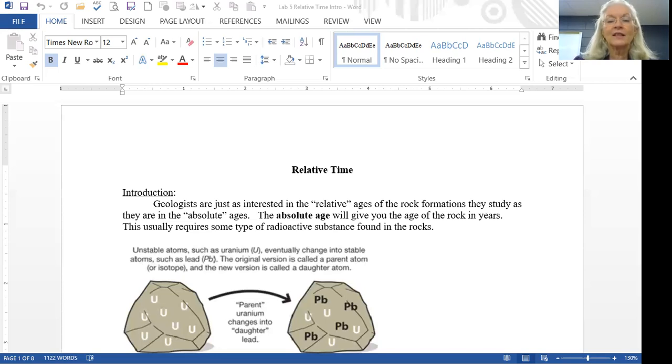This dike sill combo happened at one time, but we ignore the sill and we look at the part that extends the highest up. And that's the part that cuts into the shale, the dike. And that tells me that the dike was in place and then we intruded into it. So the dike sill combo has to come after the shale. So the shale gets deposited and then the dike sill combo will occur right here.